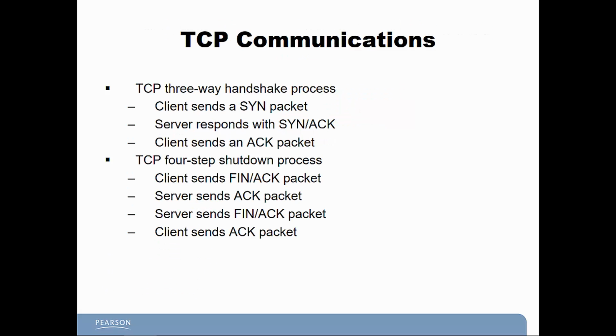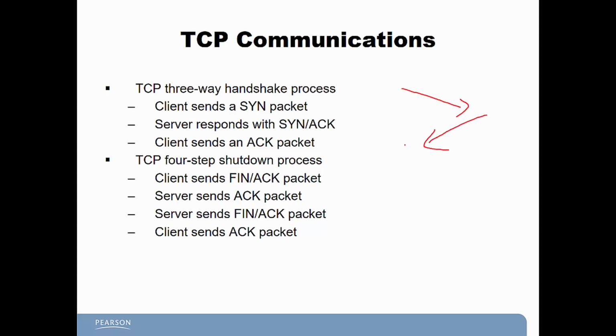So we've discussed our handshakes before, but again, our three-way and four-way handshake and shutdown process is important. So we need to talk about this again. So for the three-way handshake, we're looking at a client sending a SYN. So the client will send to the server a SYN. The server should respond with a SYN acknowledgement.